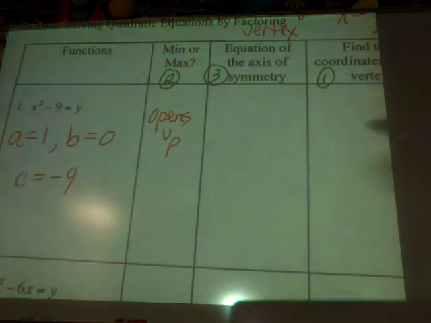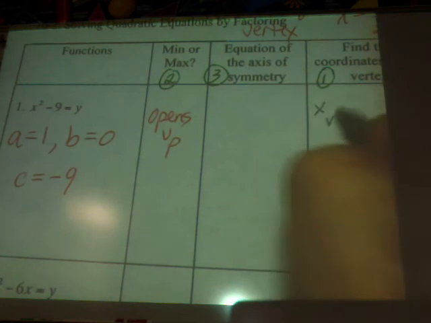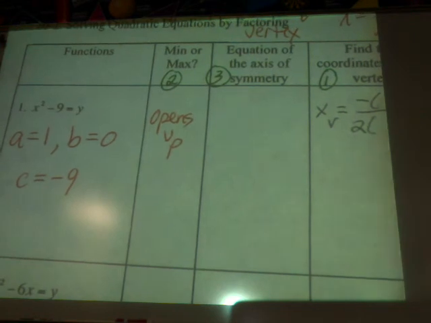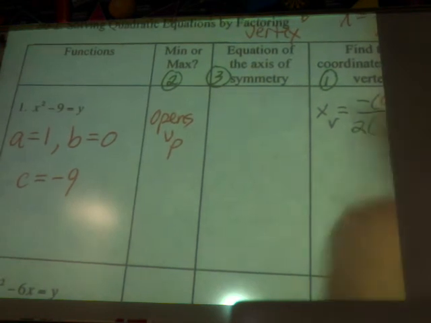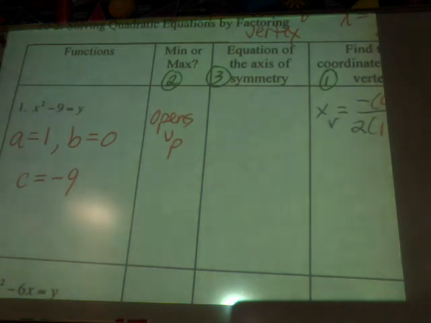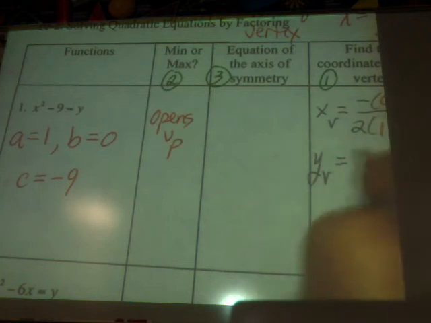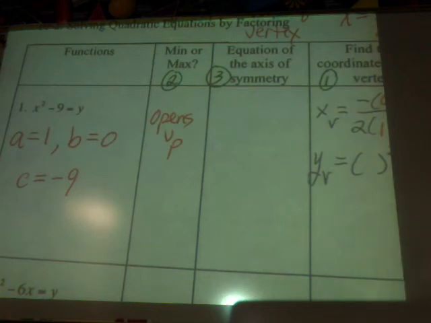So we're going to find our vertex. The x value of the vertex is equal to the opposite of B over 2A. Your B is 0, A is 1, so what is the value of the x vertex? 0. How do you find the y value? Plug it in, right? So y value of the vertex is equal to parentheses for the x minus 9.